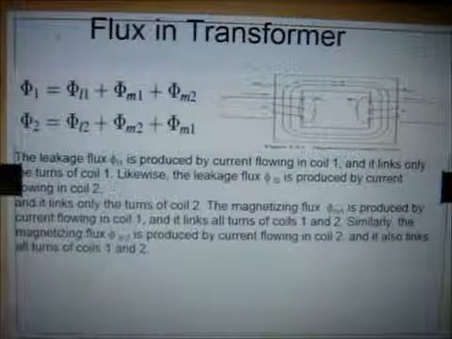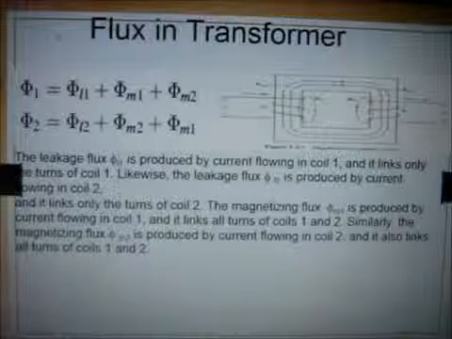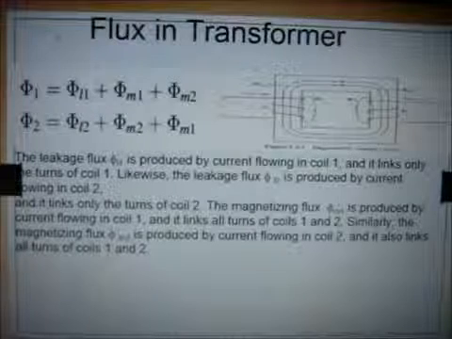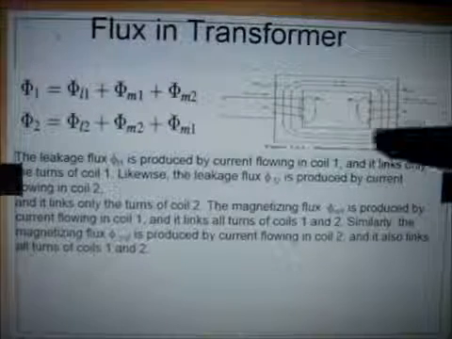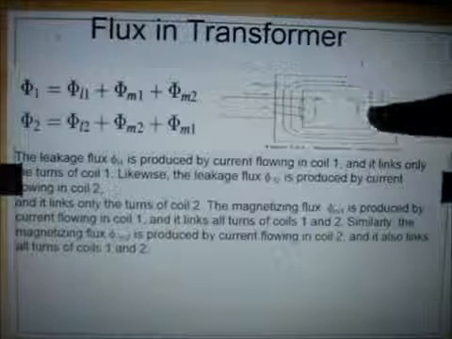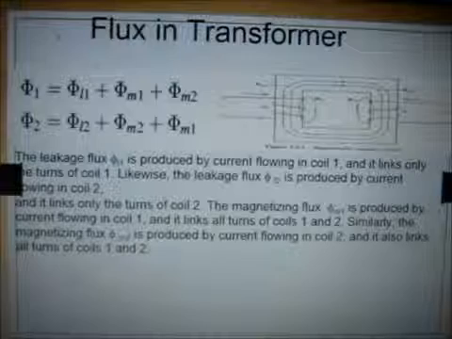Now regarding the flux in the transformer. In the self-inductance and mutual inductance video, we learned about the linkage of flux due to self-inductance and in the case of mutual inductance. So this is the application of that.